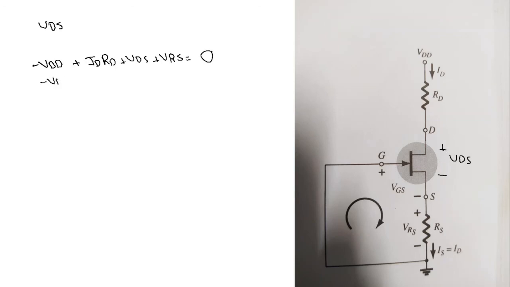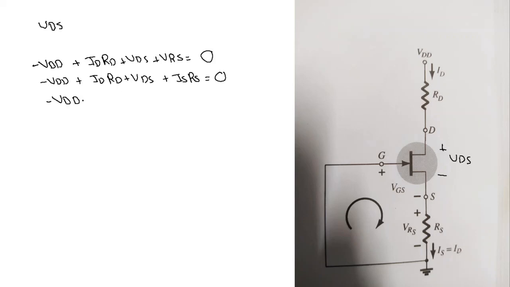So we are going to simplify this. This is going to be IDRD plus VDS, and VRS is equal to ISRS, so I can replace this by ISRS, and this is again going to be equal to 0.